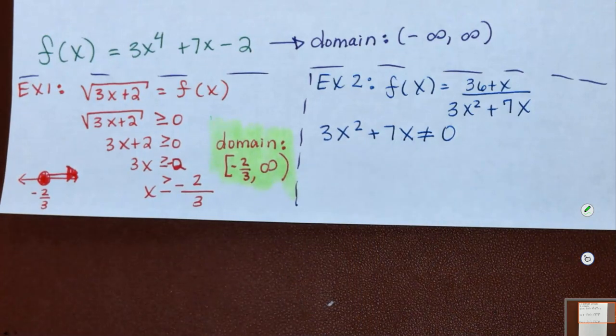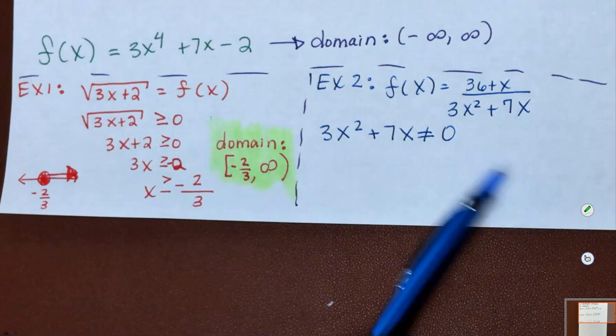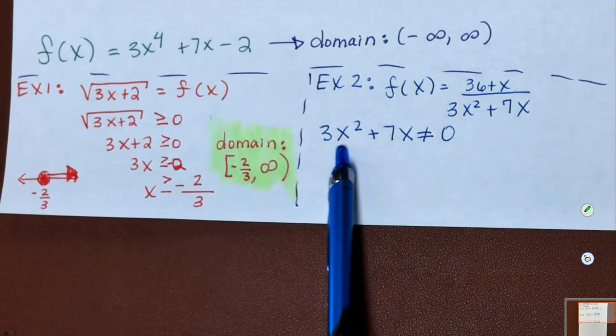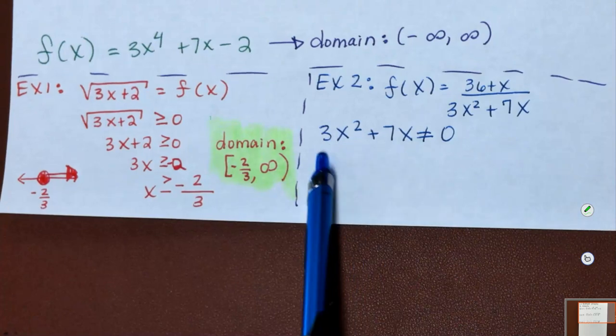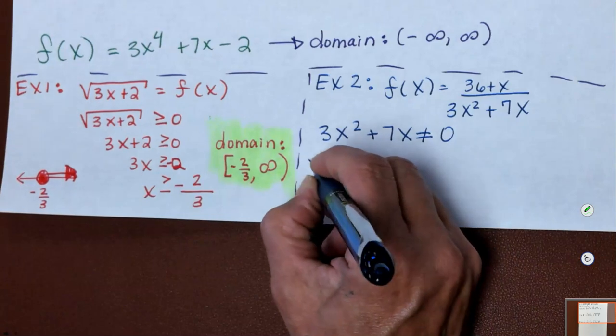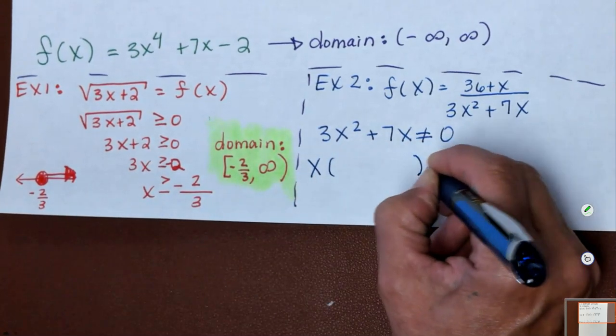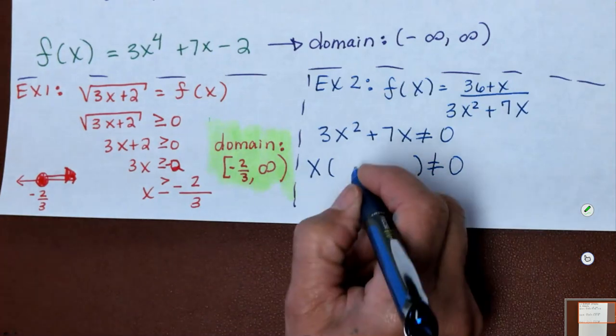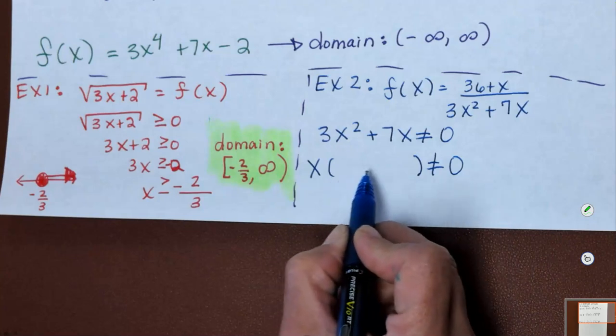Not equal. We're going to solve this. What can I do with this over here? Only one thing. What can I take out of both of those? Let me recopy the rest of the problem. Inside is going to be, you tell me, what goes here?